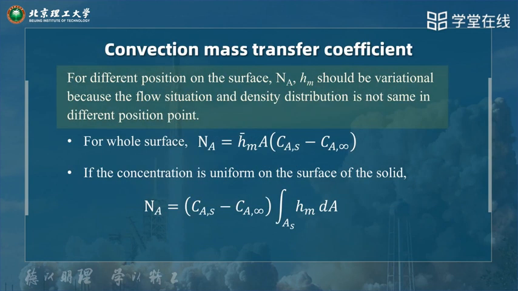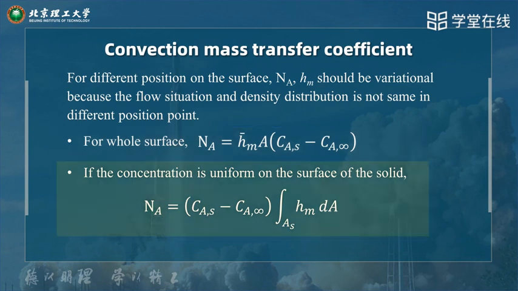For different positions on the surface, hm certainly varies because the flow situation and density distribution are not the same at different points. For the whole surface, to calculate NA, we should use the average coefficient hm.